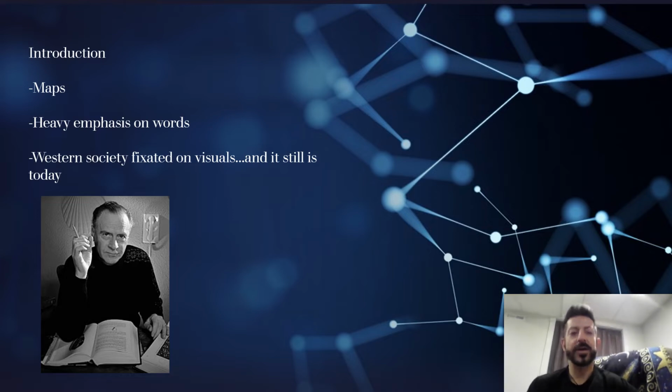But with the emphasis the Western culture has on words, and their lack of ability, according to McLuhan, this prompts us to be fixated on the visual world.